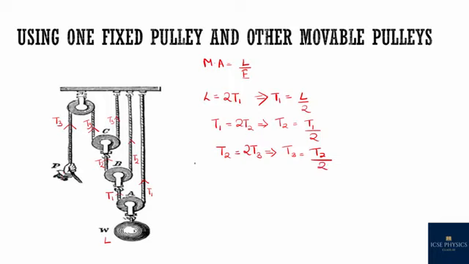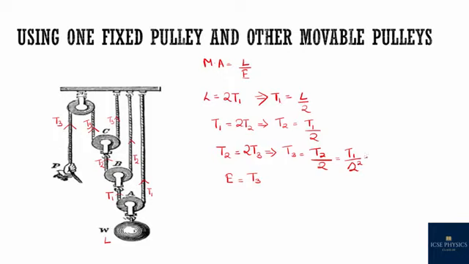This effort E is equal to T3. Now T3 is T2 by 2. What is T2? It's T1 by 2, so I can write T1 by 2 into 2, that is T1 by 2 squared. What is T1 again?